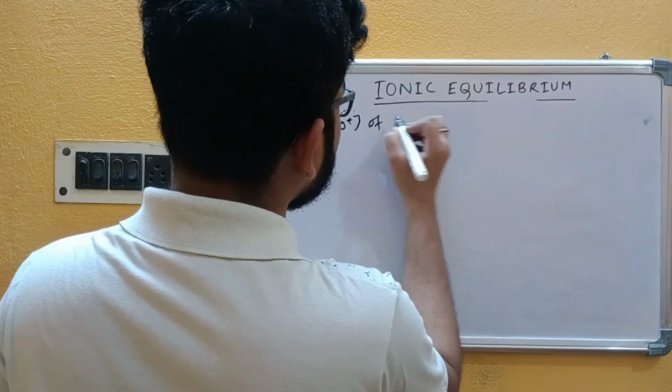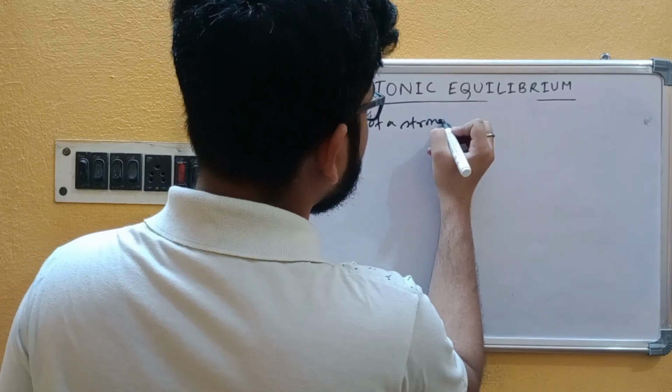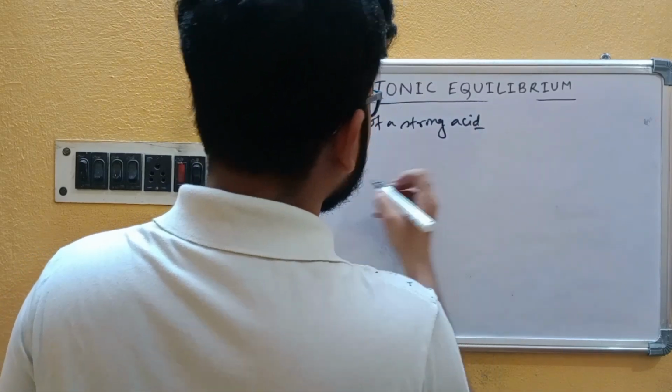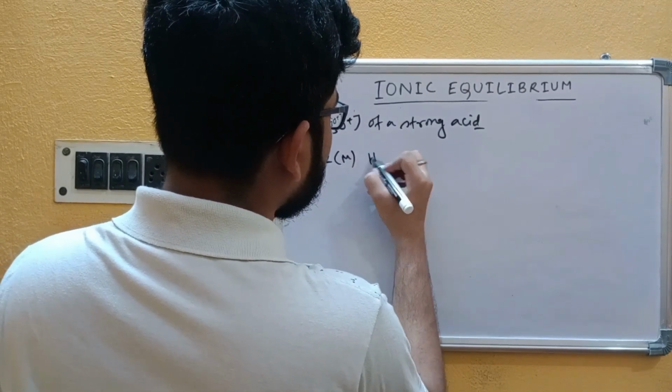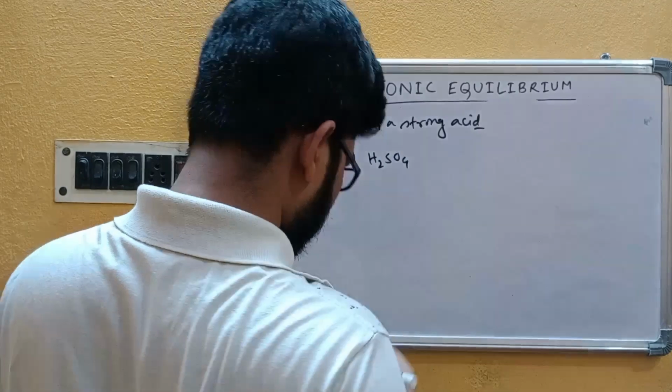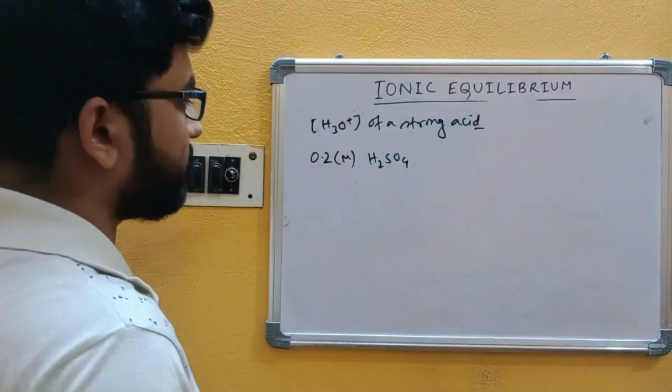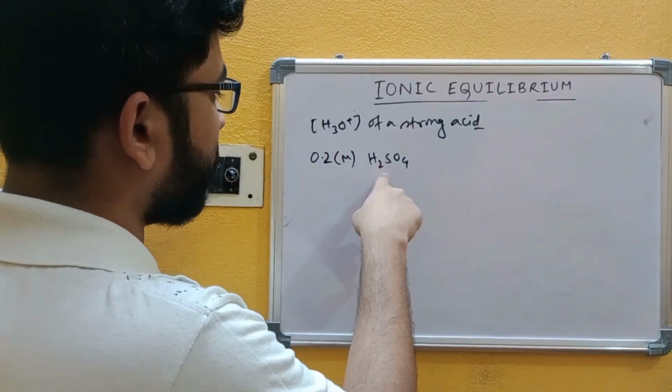Concentration of H3O plus of a strong acid. Suppose you are given 0.2 molar H2SO4 and you have to find the concentration of H3O plus in this 0.2 molar H2SO4.